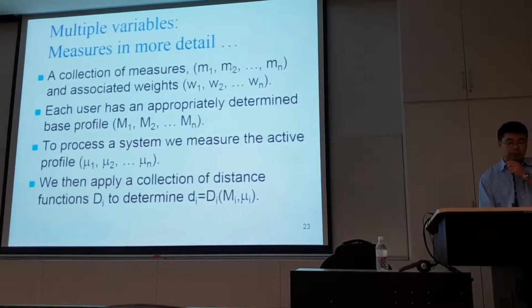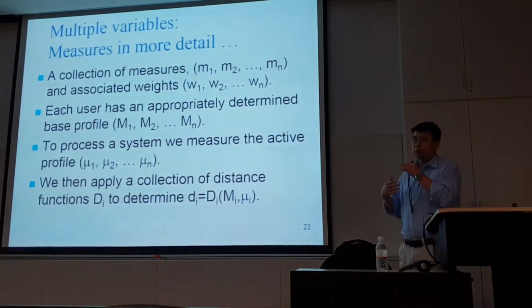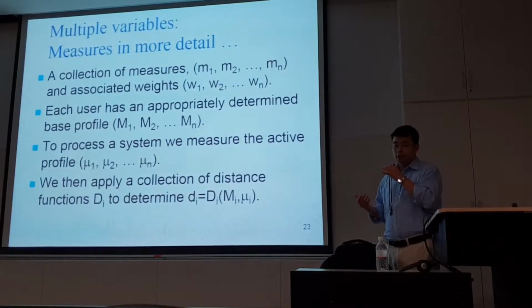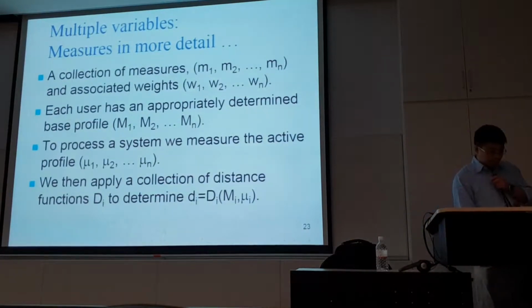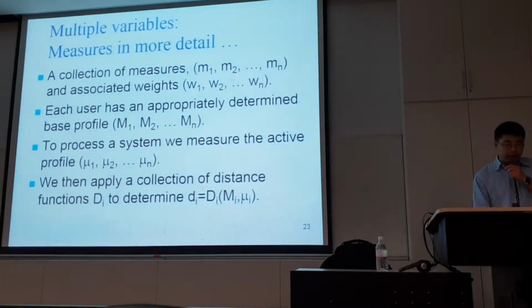But for other events, for example, the number of files you create, maybe this is less critical, you give weight 1, right? Then we can define the profile according to the measurements we define.